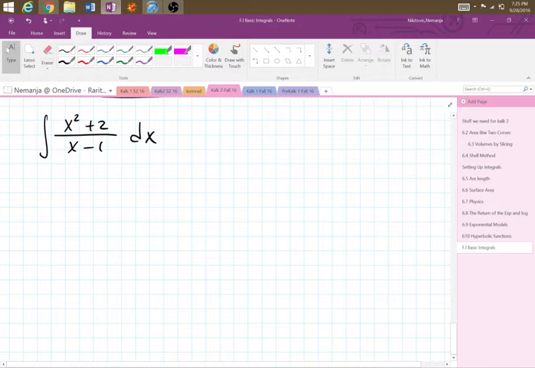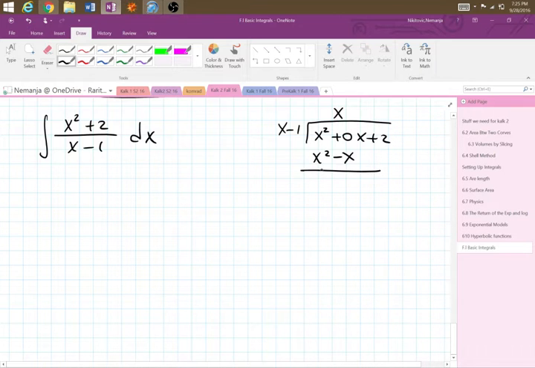All right, let's talk about long division a little bit on the side. X minus 1 divided into x squared plus 0x plus 2. We use the placeholder over here. X goes into x squared x times. x times x minus 1 is x squared minus x. And then we subtract. These guys die.